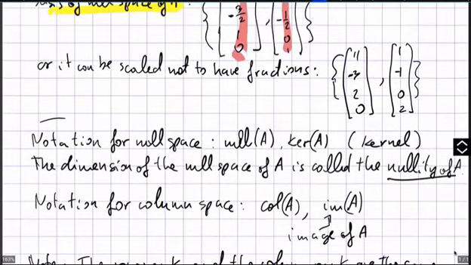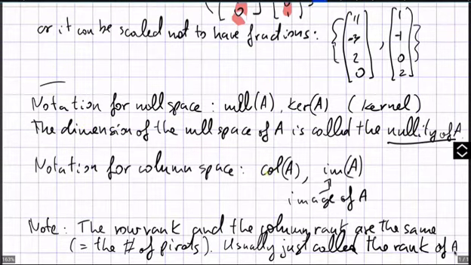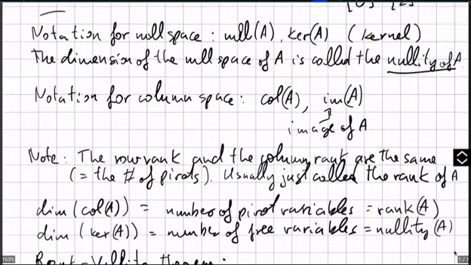The notation for the null space is null of A, or ker A, which stands for kernel. And the dimension of the null space of A is called the nullity of A. The notation for the column space is col A, or sometimes im A, which stands for image of A. Note that the row rank and also the column rank are the same because they're just the number of pivots.